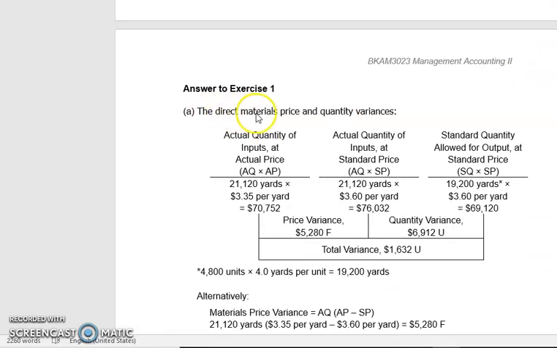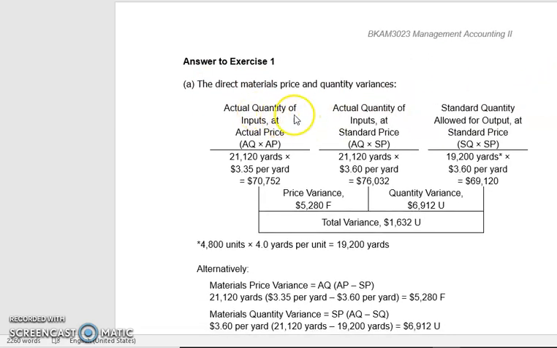The direct material price and quantity variance: actual quantity of inputs at actual price, actual quantity of input at standard price, standard quantity allowed for output at standard price.